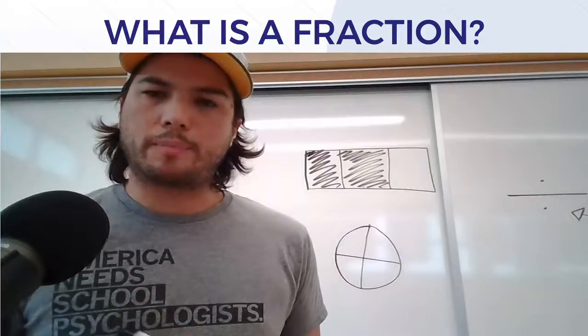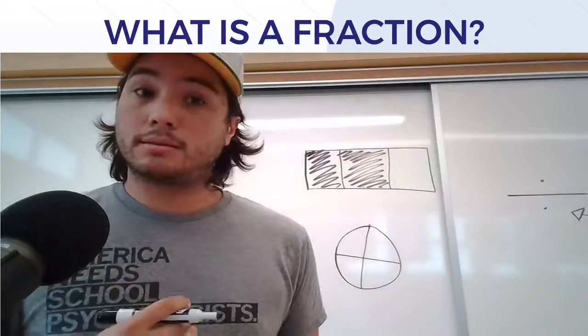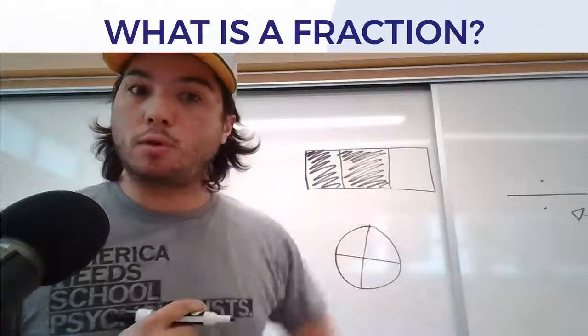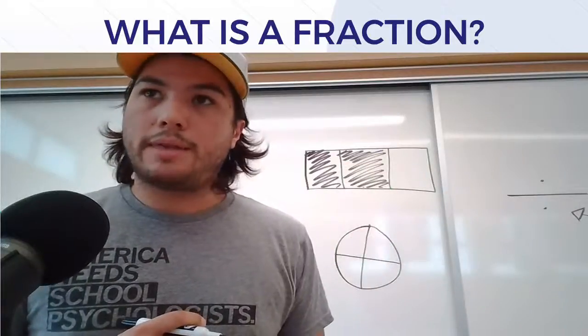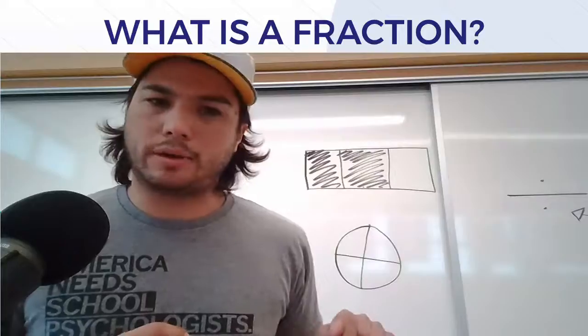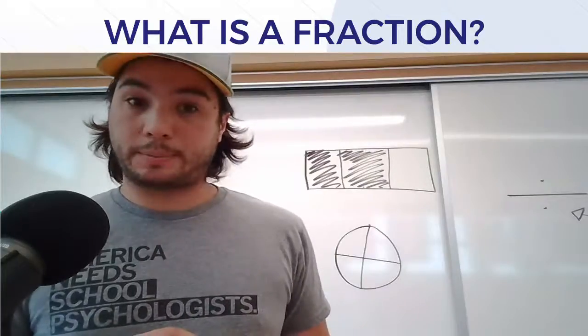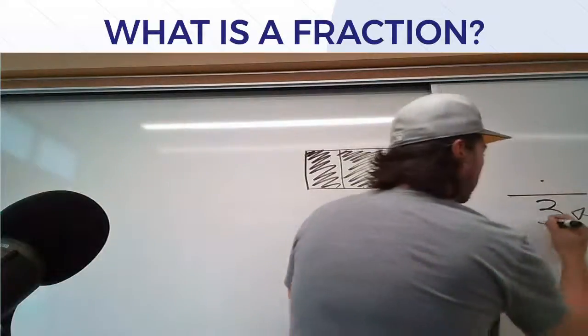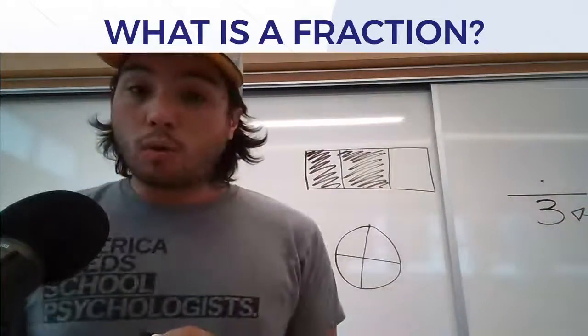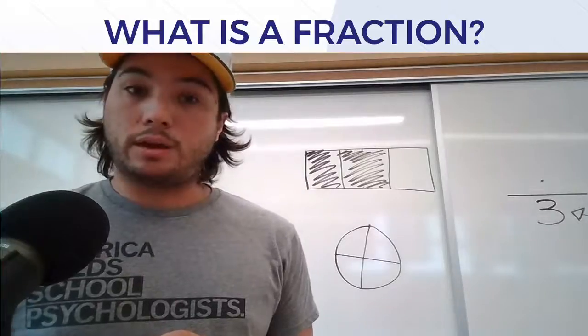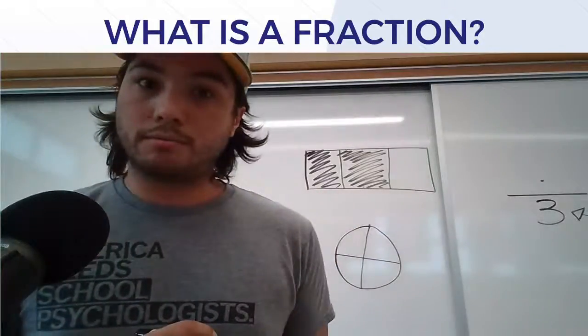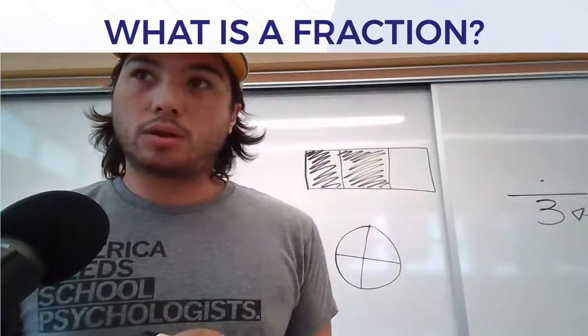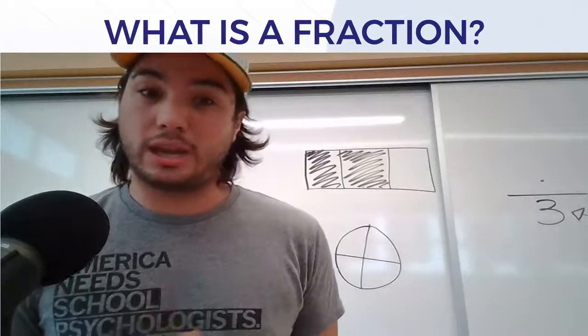So we want to think about how many equal pieces did we cut this whole thing into? And then how many parts are we dealing with? How many parts are shaded in? So there are three equal parts that we divided this fraction bar into. And we're dealing with, or we're shading in, 2 of them.